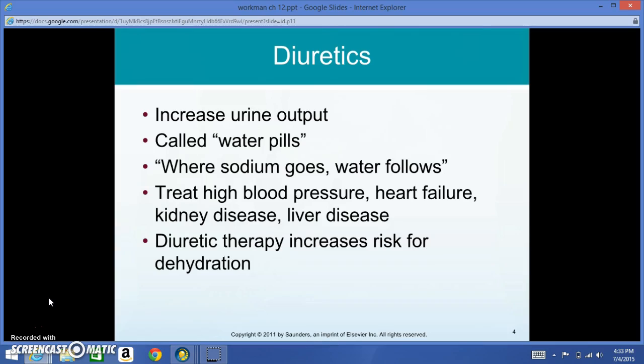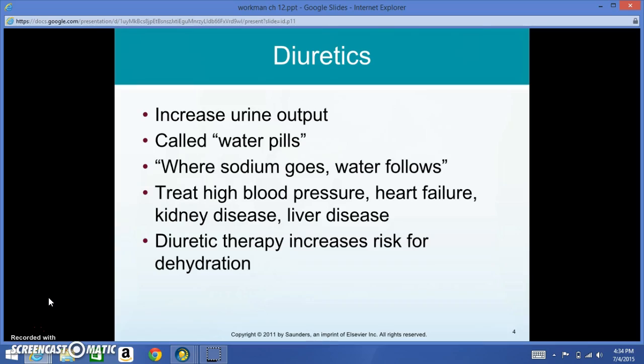A lot of the excess water typically isn't in the cardiovascular system. It's in the interstitial compartment of your body, be it your lower extremities. For liver failure, it could be in your belly, etc. And that's what we do to get rid of excess fluid in your body. Diuretics do treat high blood pressure, heart failure, kidney disease, and liver diseases.